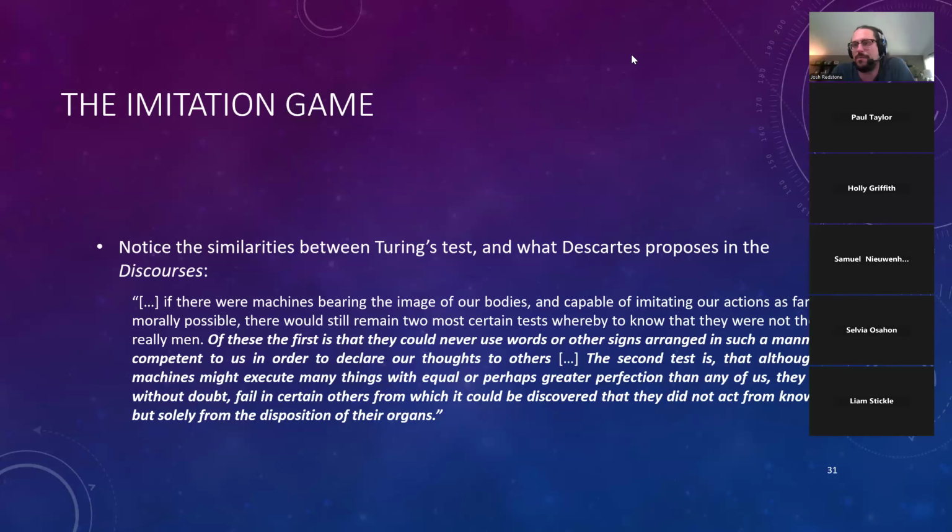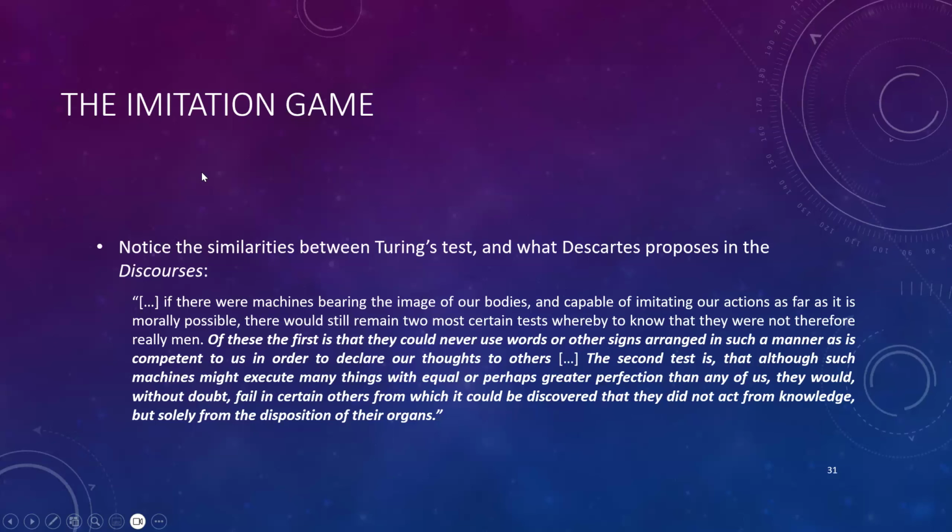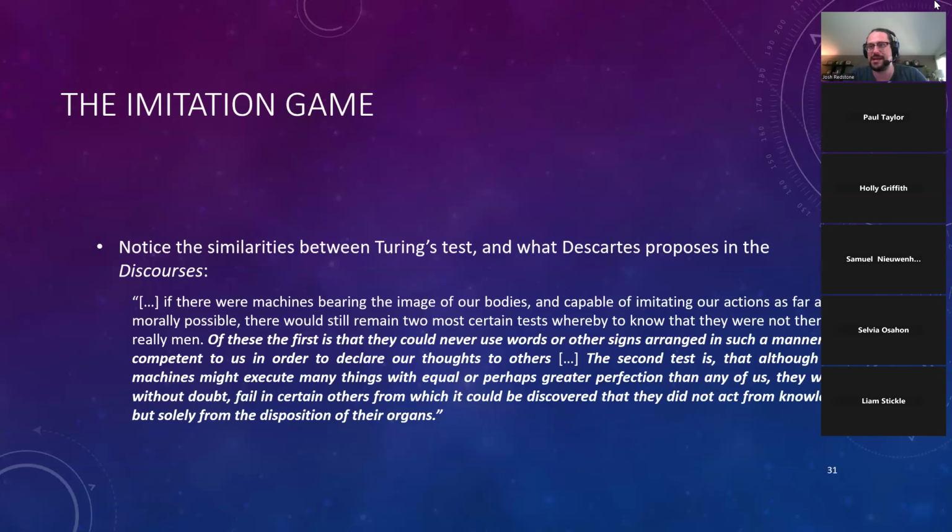So imagine there were automata that looked and acted exactly like we do, completely physically indistinguishable from human beings. Descartes says we could still know they're machines and not people by means of the following test. Of these, the first is that they could never use words or other signs arranged in such a manner as is competent to us in order to declare our thoughts to others. So they couldn't use language to declare their thoughts to others the way we can.